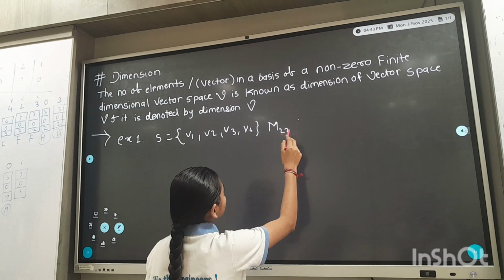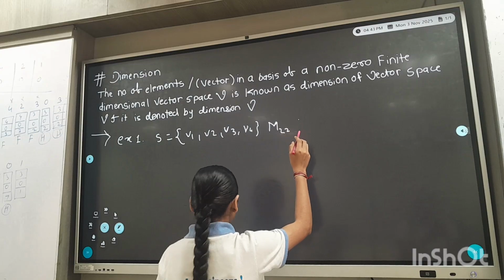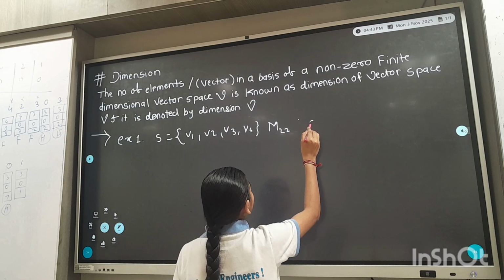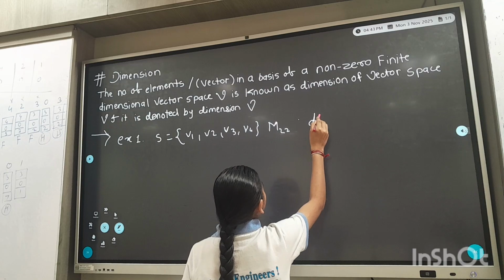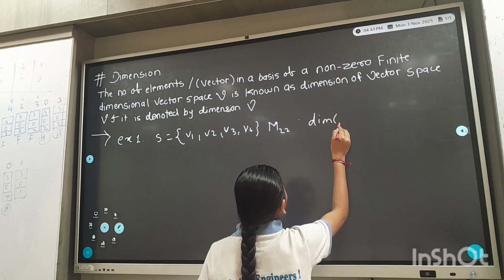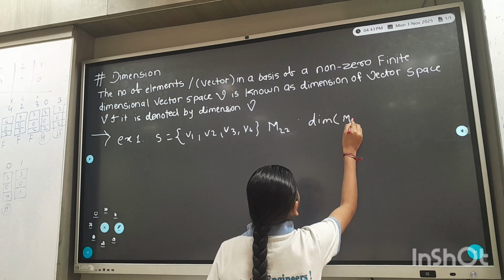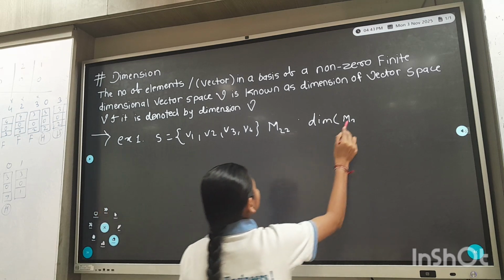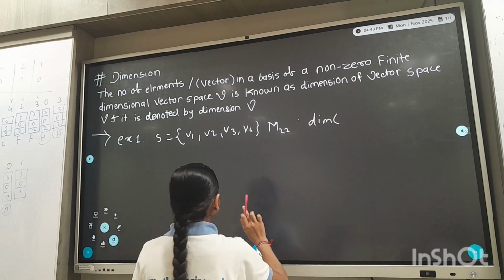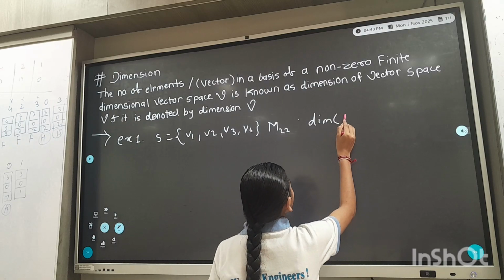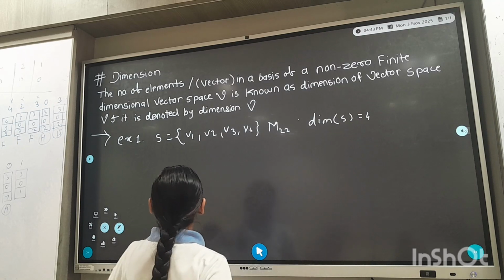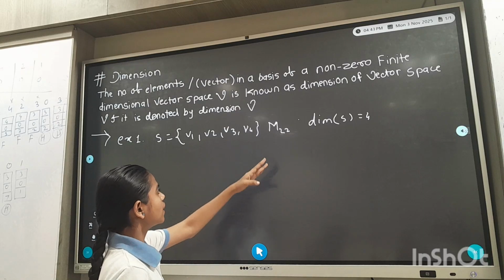Here M2 is a matrix of 2 by 2, and the dimension is denoted as dimension of matrix. Dimension of S is equal to 4. Here dimension is nothing but the number of elements of the basis.